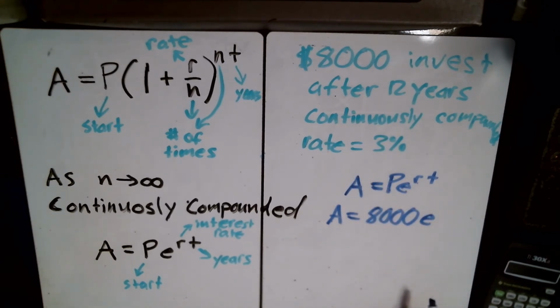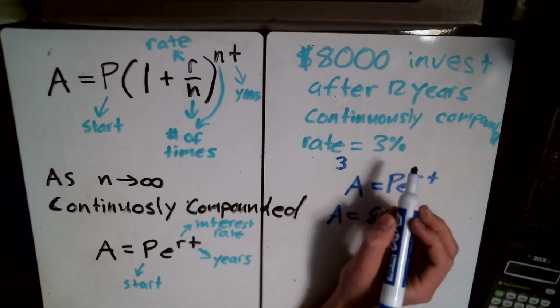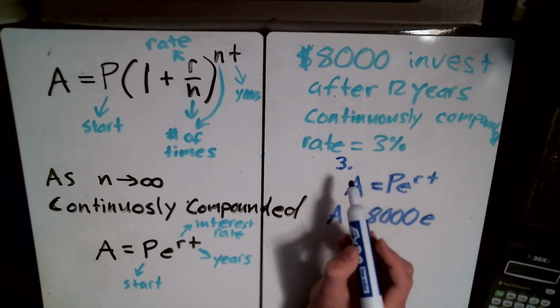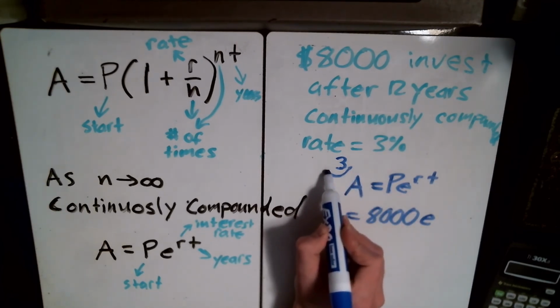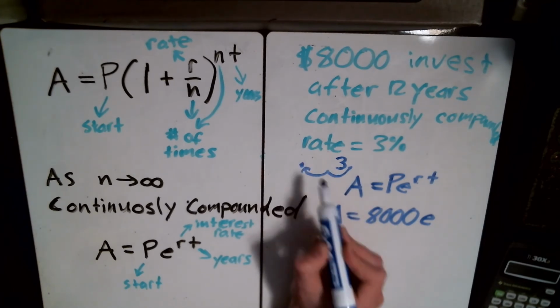Now you should convert these to decimals before you use them. So 3%, the decimal is sitting right there, and you need to move it over two spots to get a decimal.